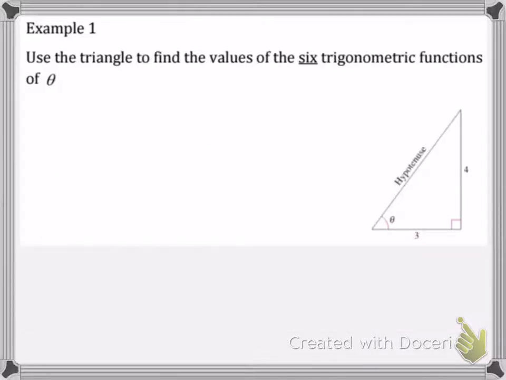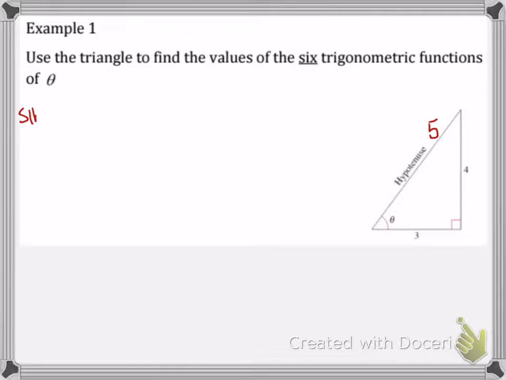So in example 1, we're going to use this triangle to find the values of the 6 trig functions. So we're just going to write out the 6 ratios. Well, first off, we have to find the length of the hypotenuse. Hopefully we all have this memorized, that this is a 3, 4, 5 Pythagorean triple. And we're going to base it off of the angle on the lower left-hand side.